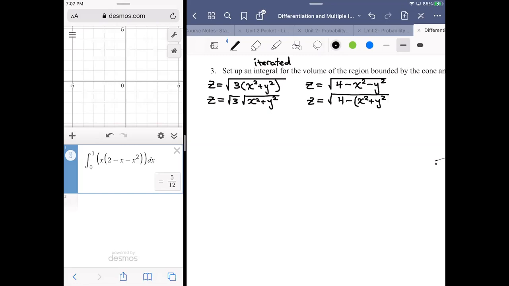What are we going for here? Well, in the case of the second function, it looks like it's shaping up to be a sphere. So I'm going to square both sides.